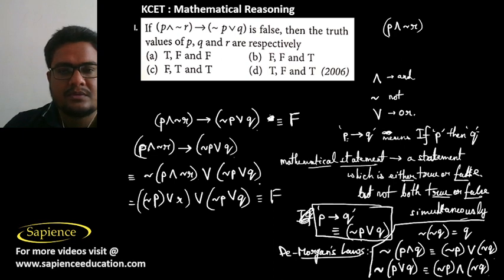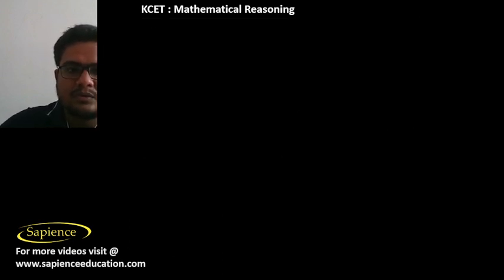So if this is false, it means that both should be false, since the rule is that whenever we say P or Q, this is false only when both are false.